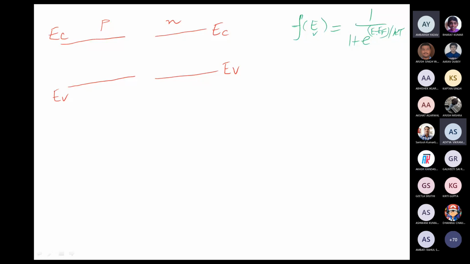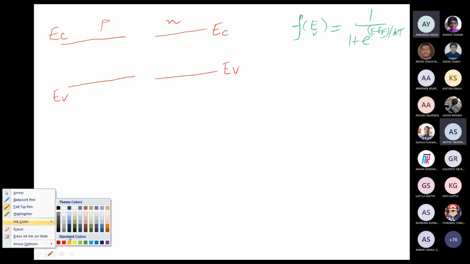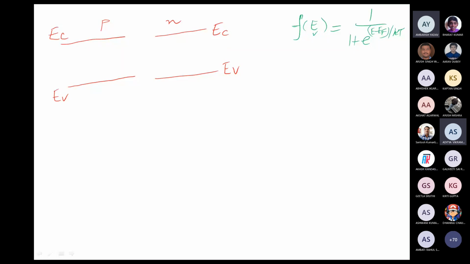Okay, so we introduce here one energy called EF. This is called Fermi energy. And other terms are conventional. Small k is the Boltzmann constant, and capital T is the absolute temperature in degrees Kelvin.